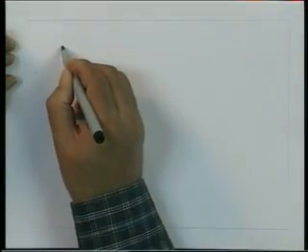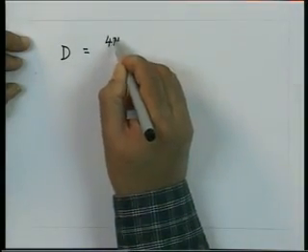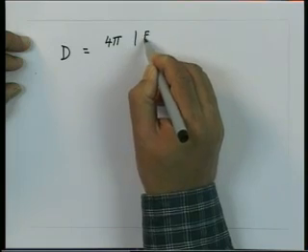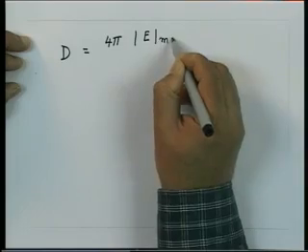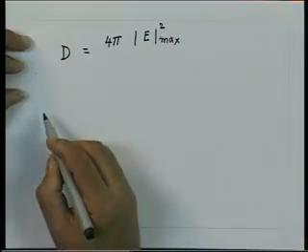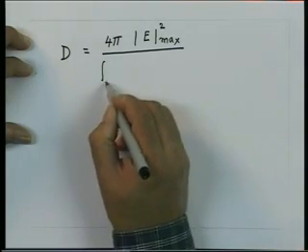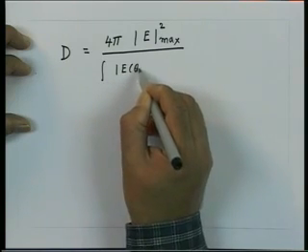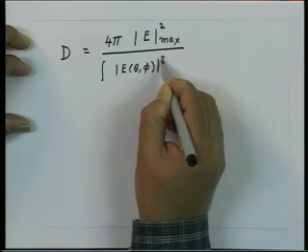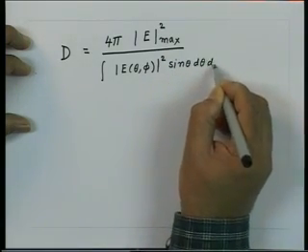So, I can write down the directivity in terms of the electric field: D is equal to 4 pi mod E maximum squared, divided by the integral of mod E theta phi squared sin theta d theta d phi.